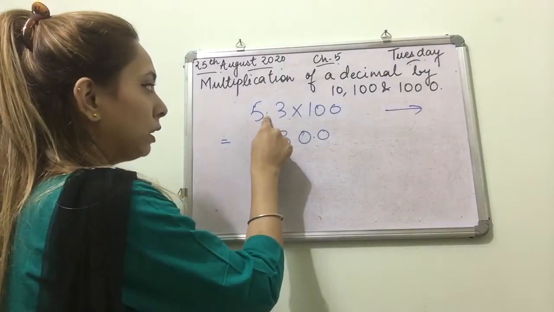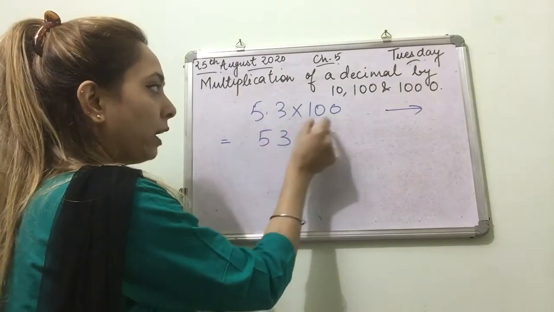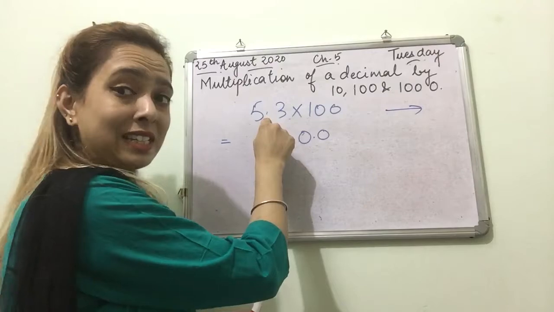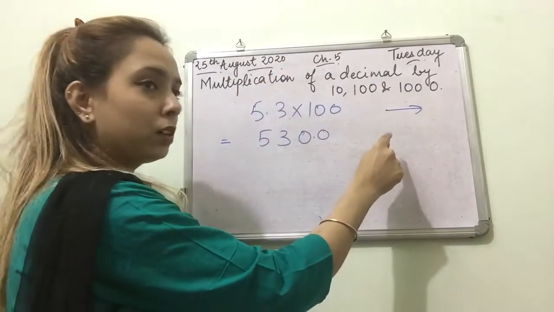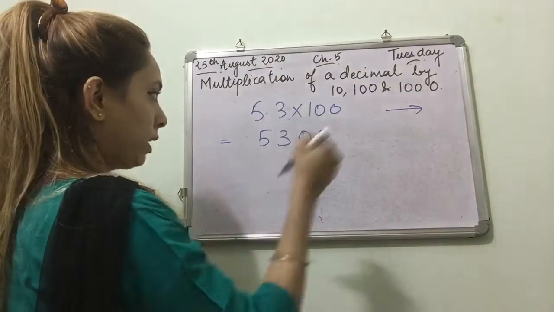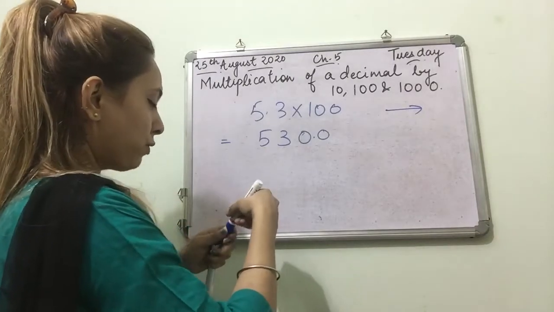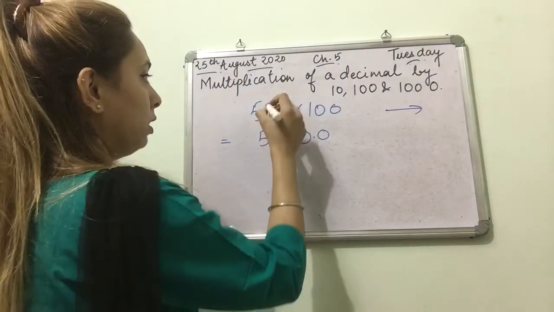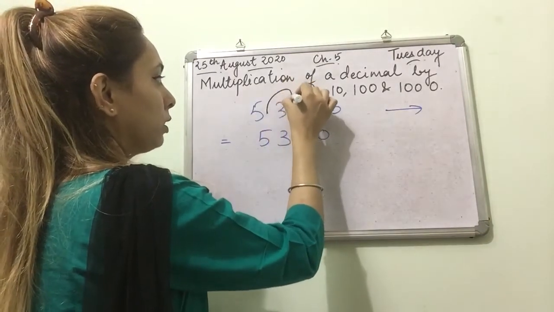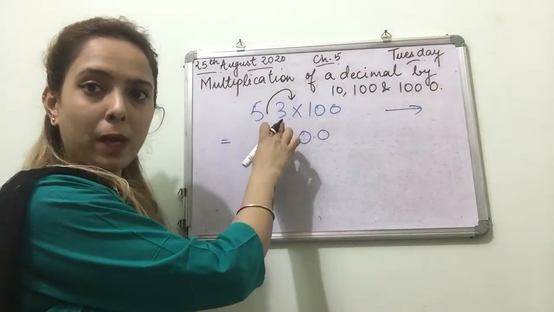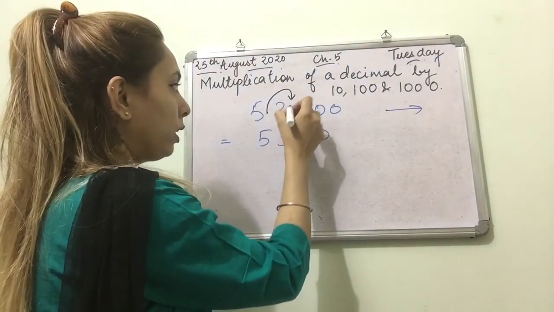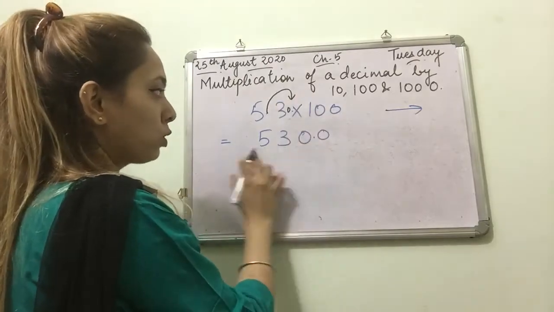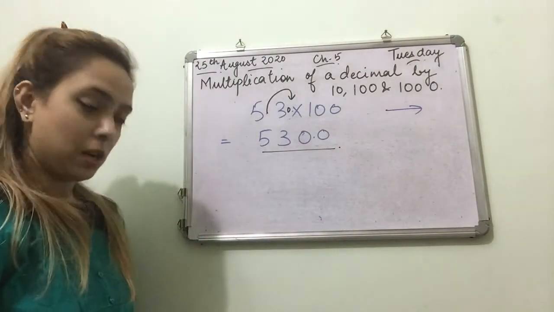Here we have 5.3 and we have to shift this decimal after two numbers. We are shifting the decimal after 3, but here we have only one number. So we will put a 0 here and the decimal will be shifted here. So this was the answer.